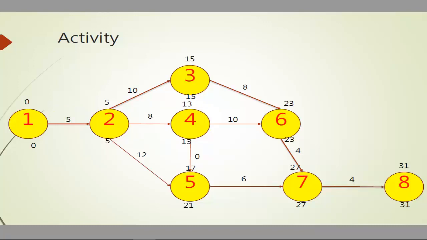To find a critical path, we need to know which activity has a slack, or float, of 0.